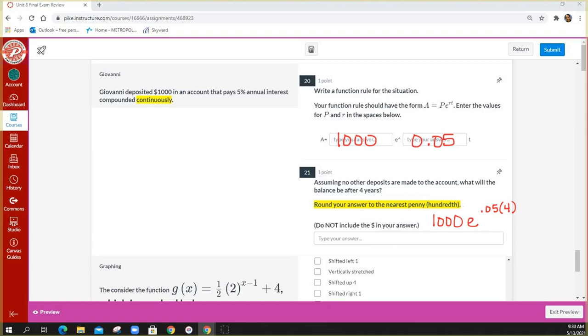So if you type that in your calculator, you would have $1,221.40.